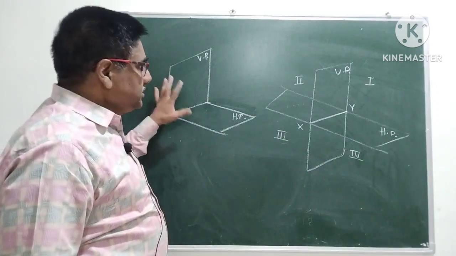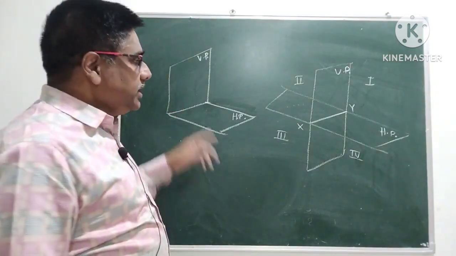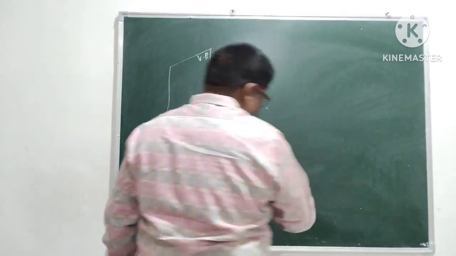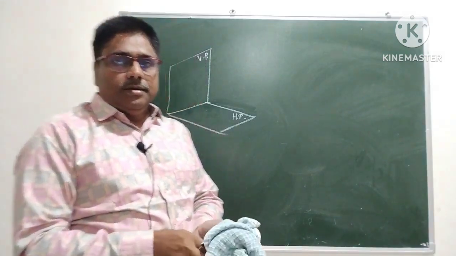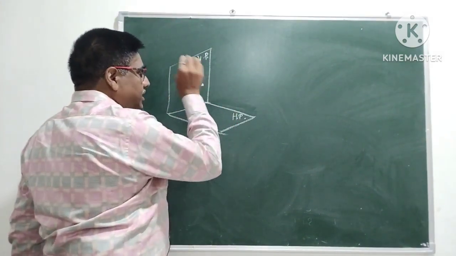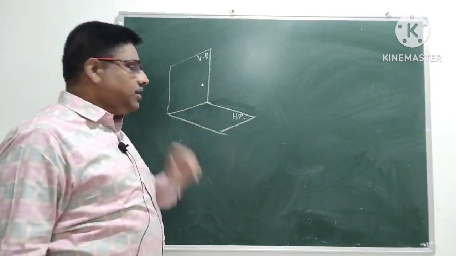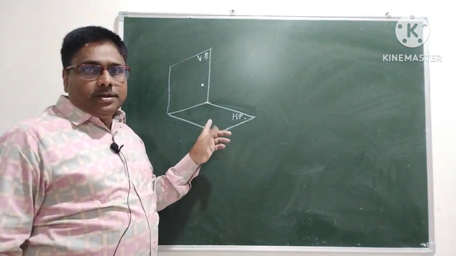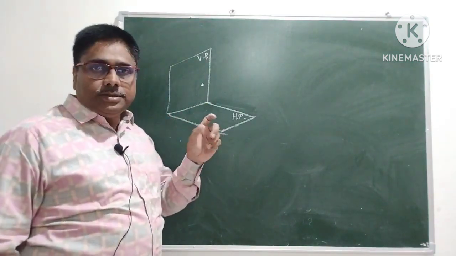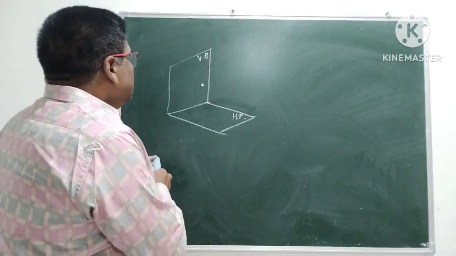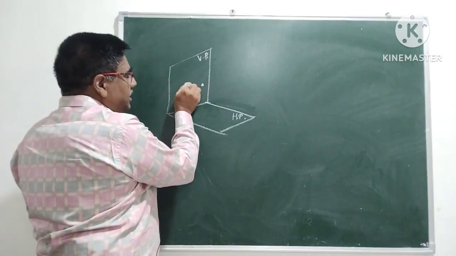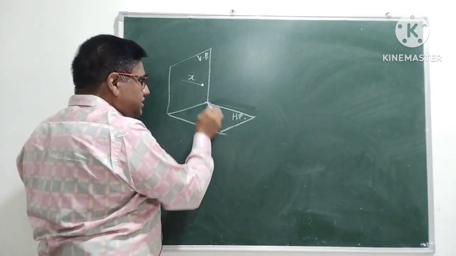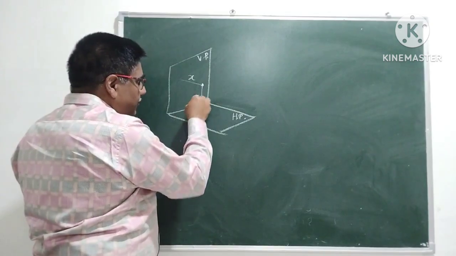Now let's talk about projection of point when it is in the first quadrant. If I place a point in the first quadrant somewhere here, to specify this point, I need to tell the location of this point using two coordinates, meaning two distances. The distance from the vertical plane is the x coordinate, and the distance from the horizontal plane is the y coordinate.